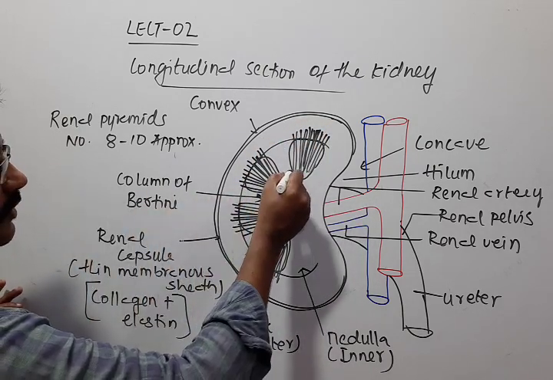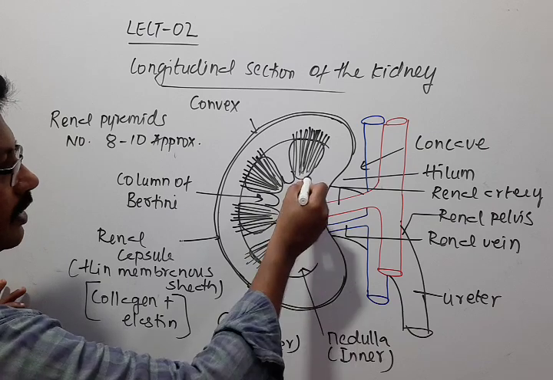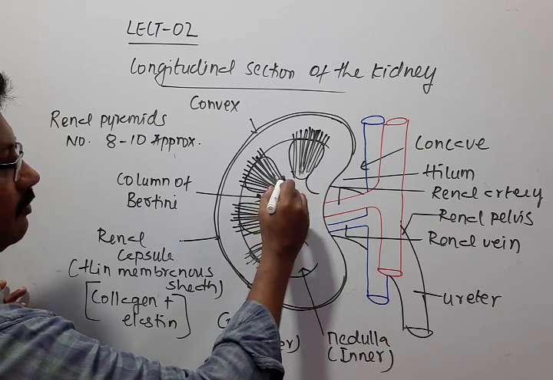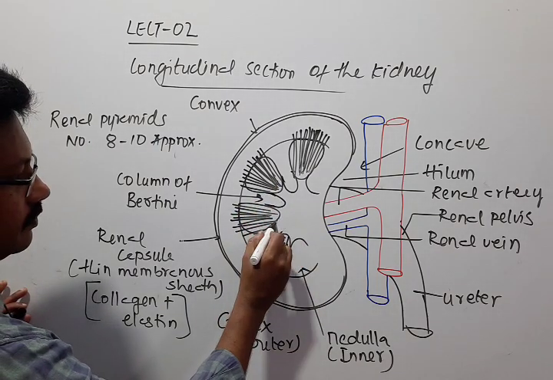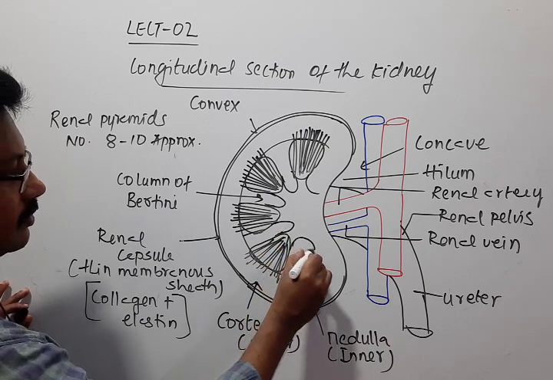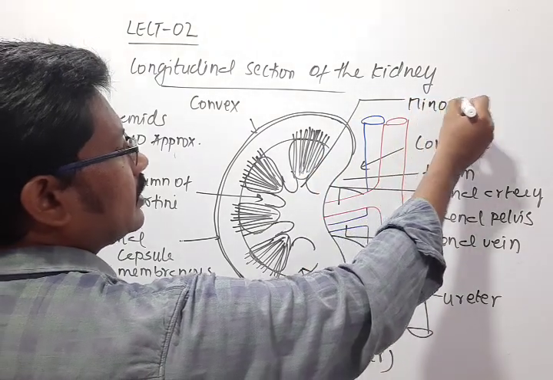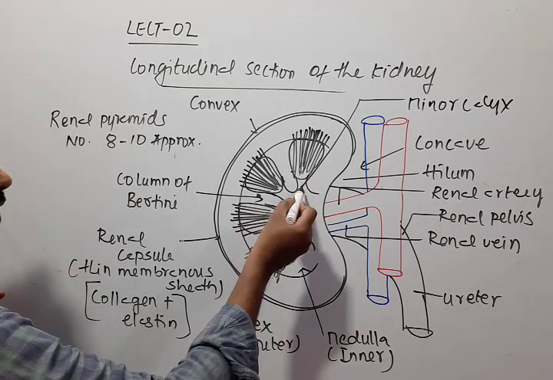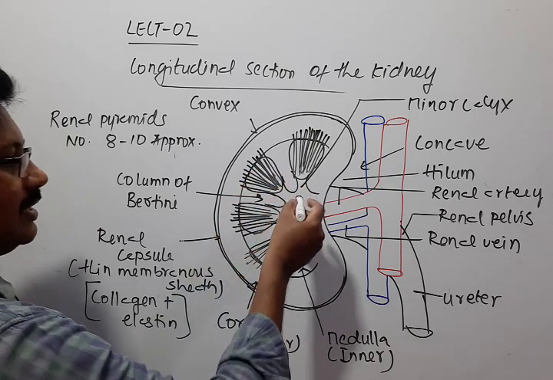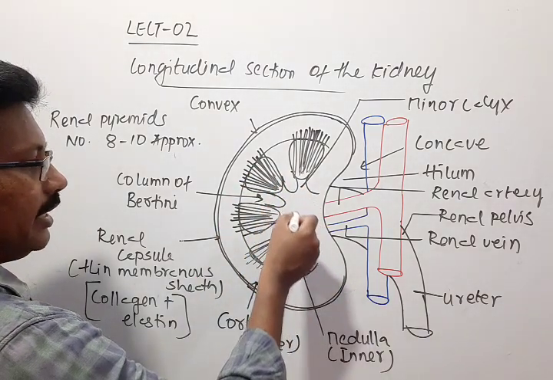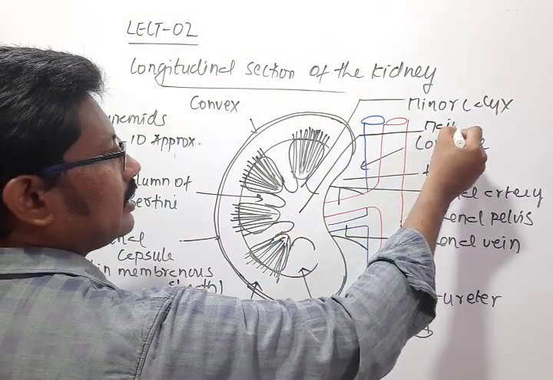Now the tips of these renal pyramids will open into spaces. So we will see something like this. These are called minor calyces, and these minor calyces will open into a bigger space, which we call the major calyx.